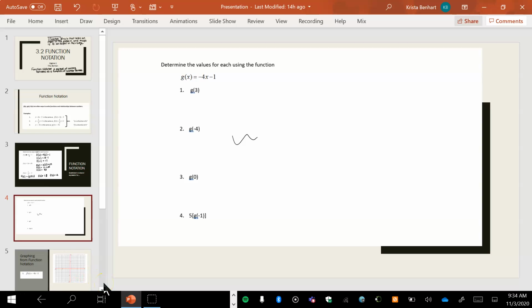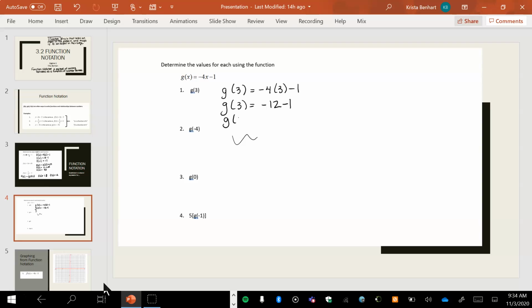All right, the next one. Determine the values for each function using the top function. So we're going to go back to the same function every time. The first one is g of 3. So we're going to plug in 3 where the x is. So g of 3 equals negative 12 minus 1, which is negative 13.